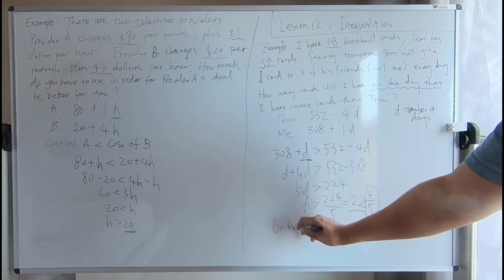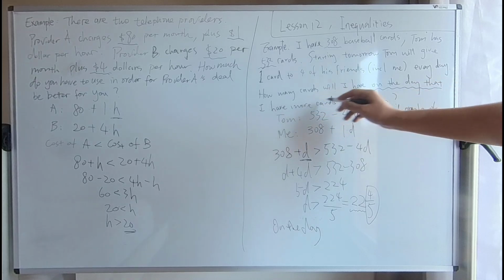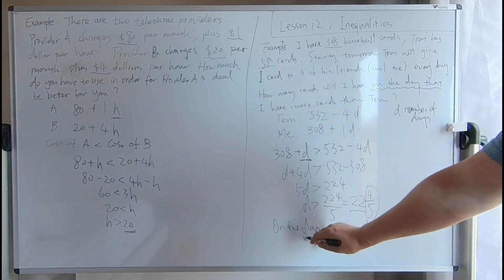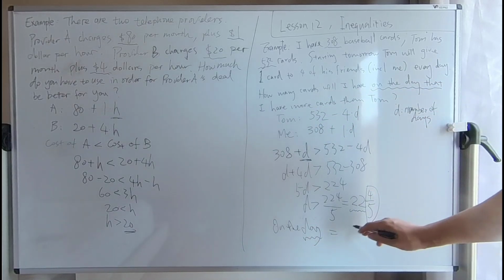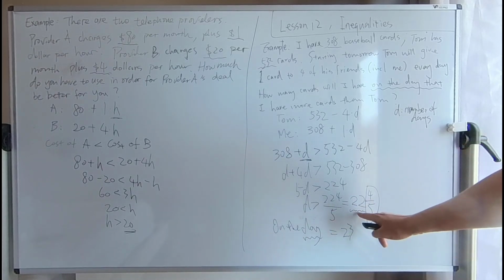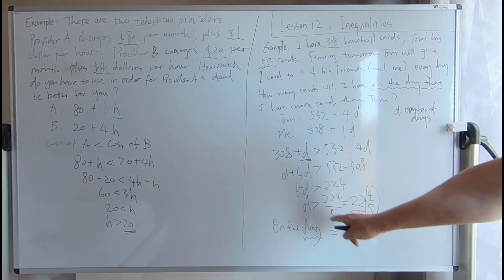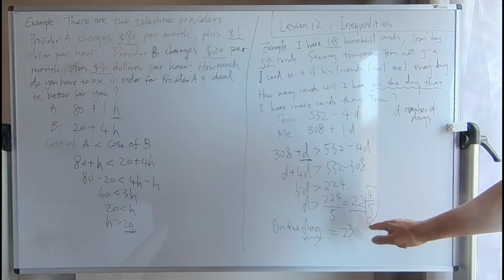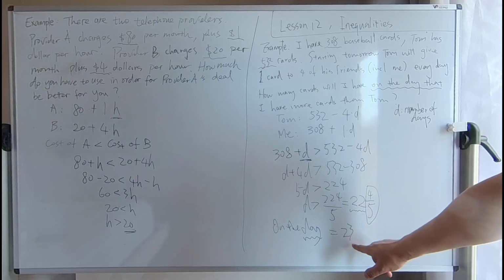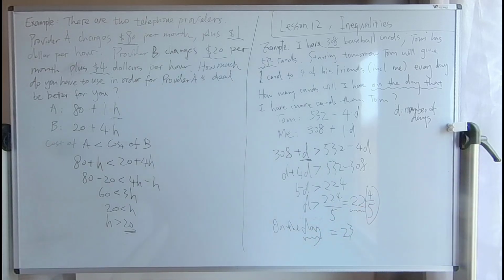And that means on the day that I have more cards than Tom, that day is rounded up to 23, because if d equals 22, it doesn't satisfy this inequality. And the next integer that satisfies this inequality is 23. So it's 23 days later.